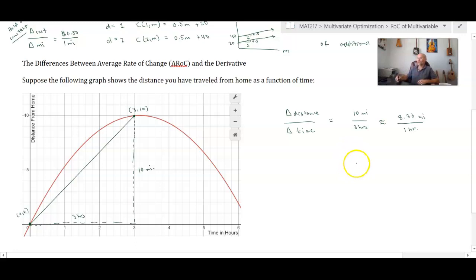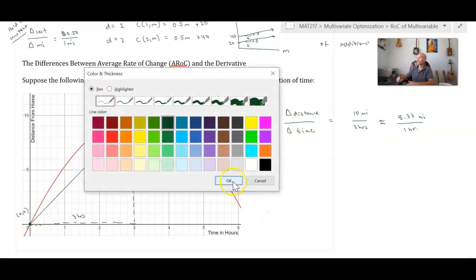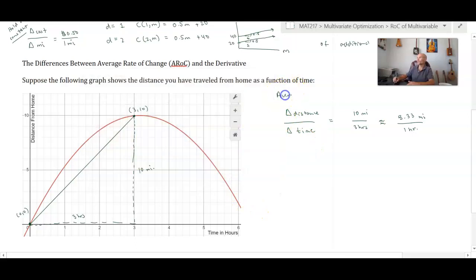So this right here is the average speed over the interval 0 ≤ t ≤ 3. That's the average speed or the average rate of change.